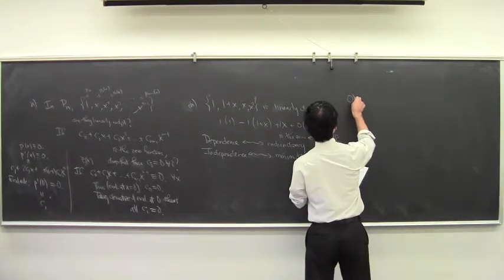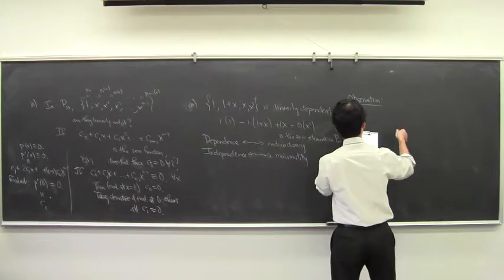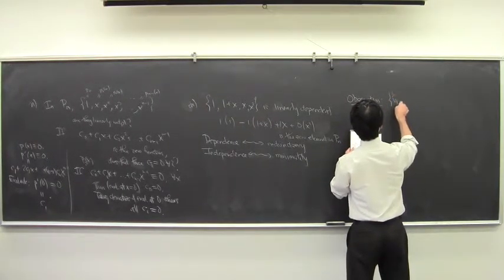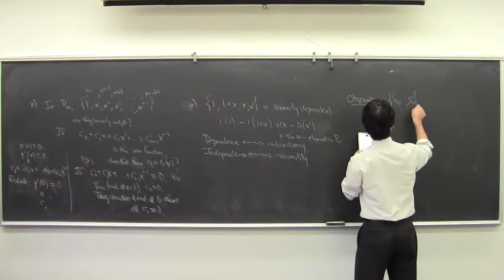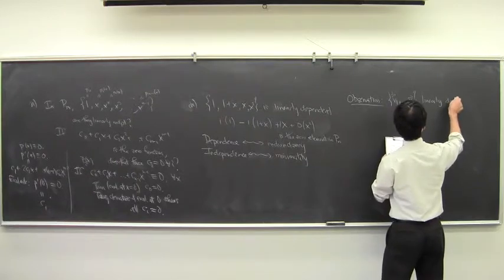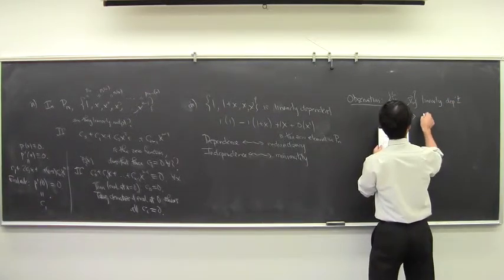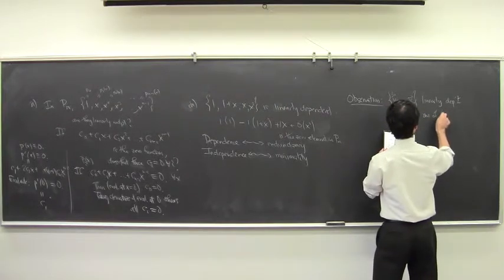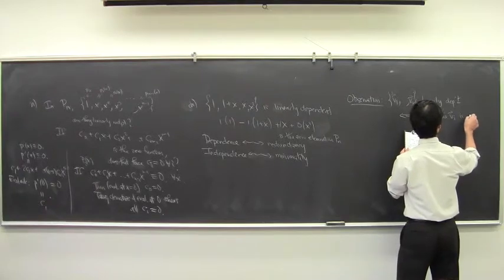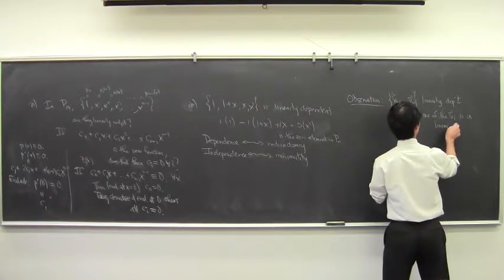Let's make a simple observation about dependence and, of course, about independence. If you have a bunch of vectors and they are linearly dependent, that is equivalent to saying that one of the Vi is a linear combination of the others.